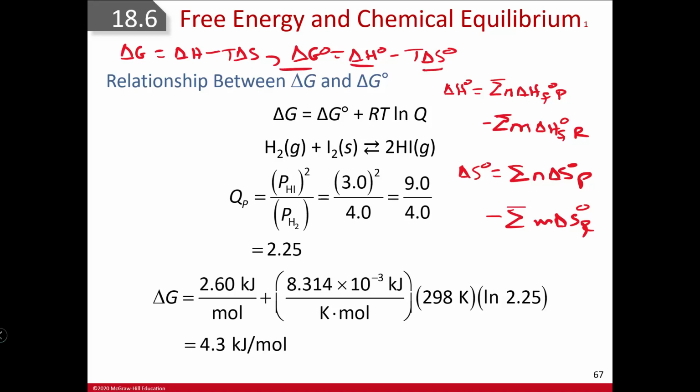There is also the direct method. If you have all the delta G naughts, you can find delta G naught of the reaction from the summation of the number of moles of delta G naught of formation of the products minus the summation of the number of moles of delta G naught of formation for the reactants.